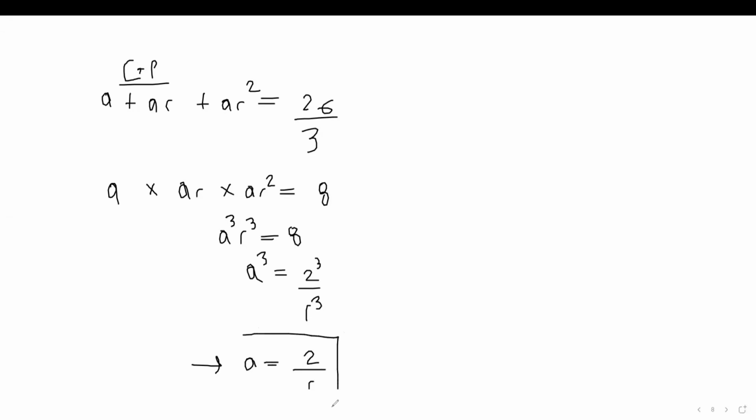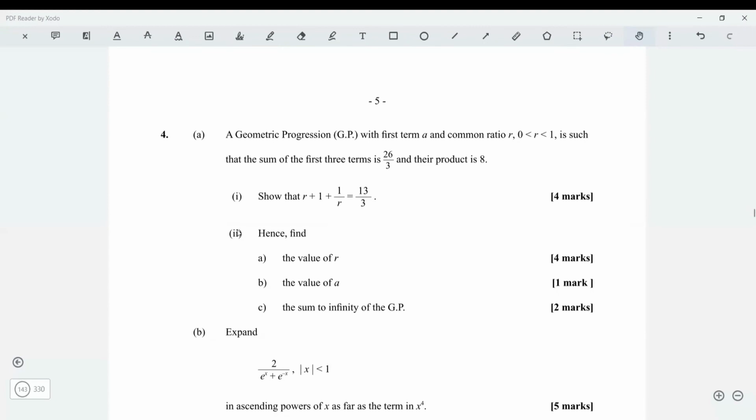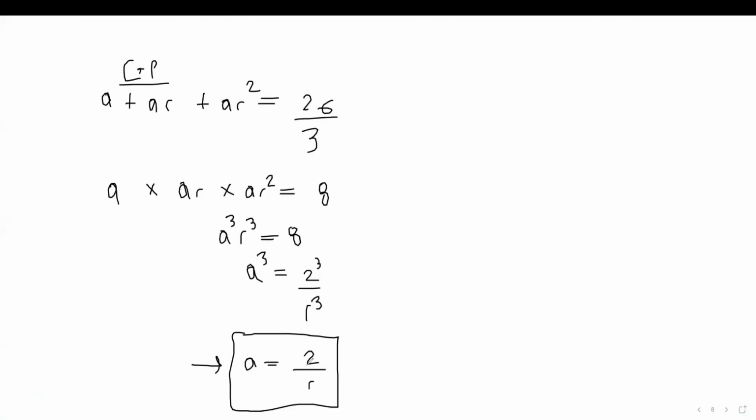When you get A is 2 over R, what do they want? They want us to show that R plus 1 over R is 13 over 3. So now that A is 2 over R, we can plug it into any one of the equations. I'm going to use the first one since it looks simpler.